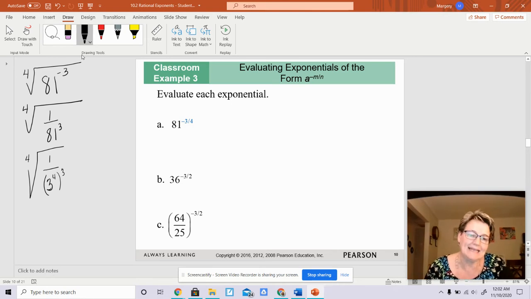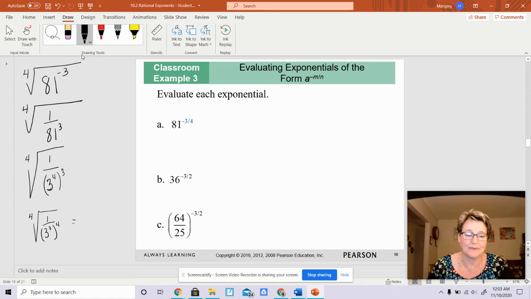Now, I need to have it as to the fourth power, so I'm just going to interchange those because it doesn't matter. It means the same thing. 1 over 3 to the third power raised to the fourth power. It's okay if I switch them because the commutative property says that 3 times 4 is the same thing as 4 times 3.